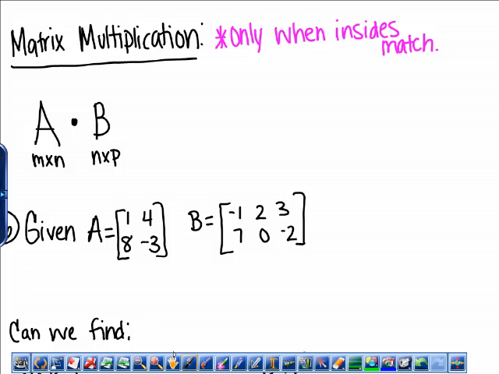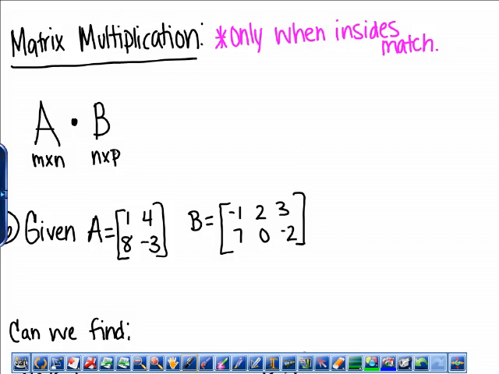Alrighty. Matrix multiplication can only be performed when the insides match. And I'm going to tell you what that means in just a second. Consider that I've given you two matrices: matrix A with dimensions of m by n, and matrix B with dimensions of n by p.